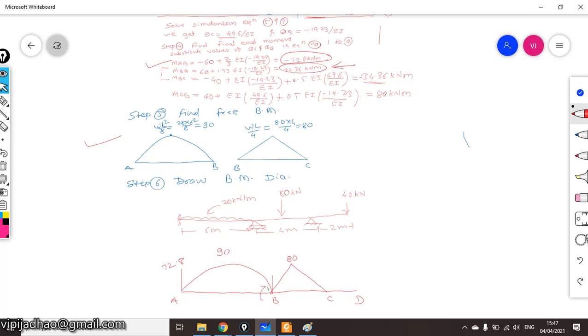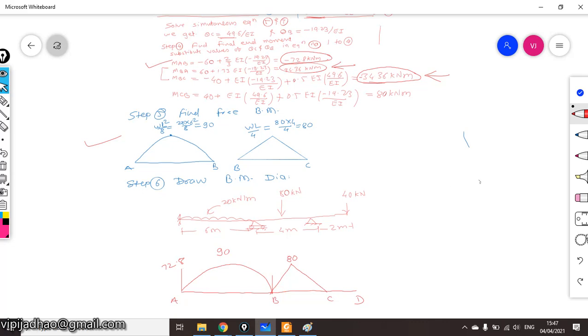Plus means on the clockwise face. Then for BC the sign will be opposite, minus 34.36, so minus, therefore on the anti-clockwise face.